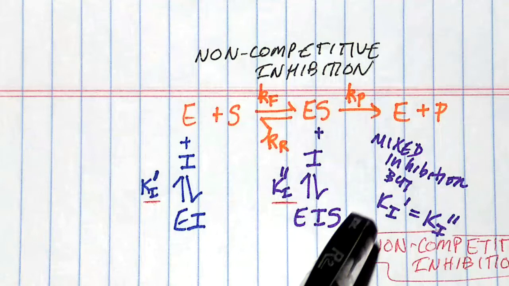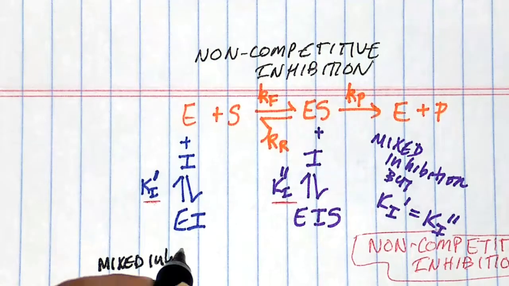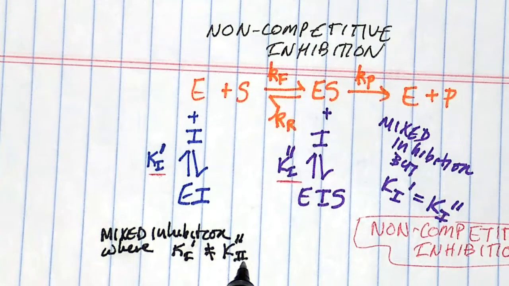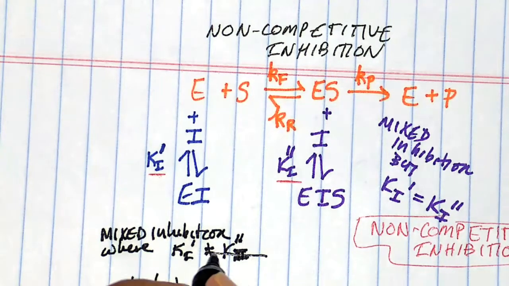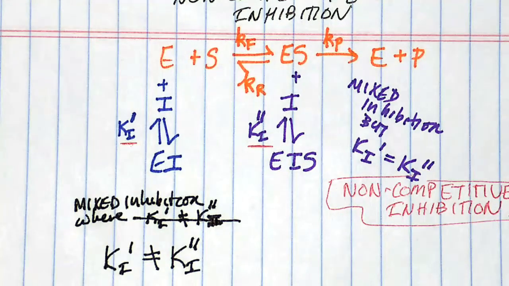In real life, when you have real mixed inhibition, where Ki prime does not equal Ki double prime, in that situation, where they do not equal one another, your Km will either increase or decrease.